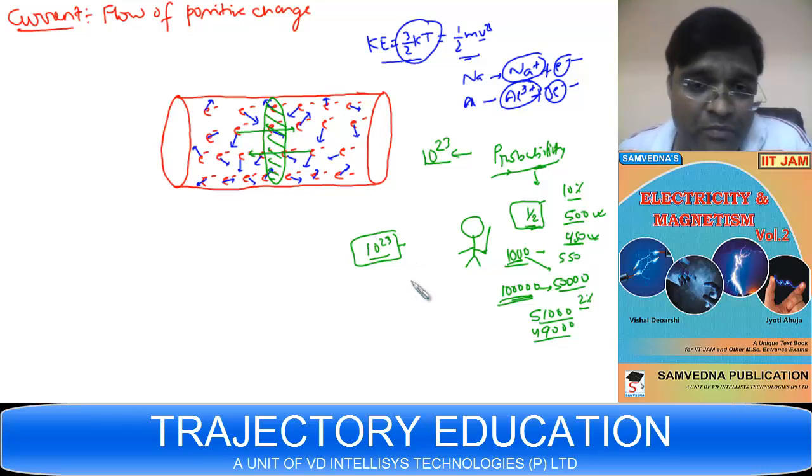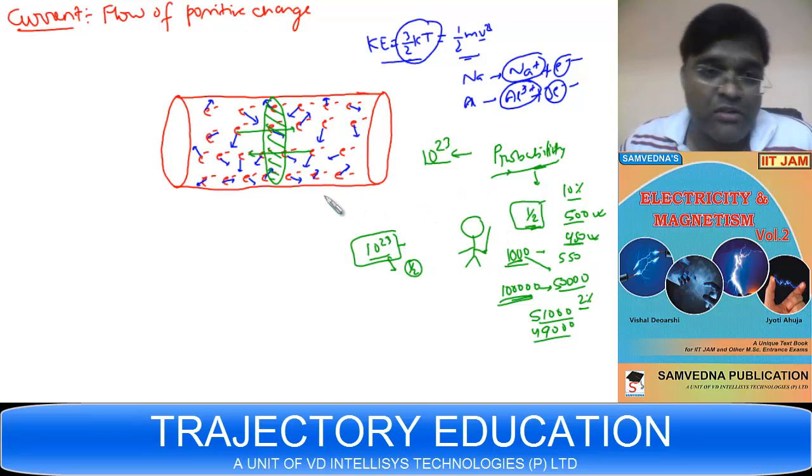If I toss this number of coins, I can be very sure that half of them will be heads. So if the number becomes very large, the probabilistic statement gives you a correct result.